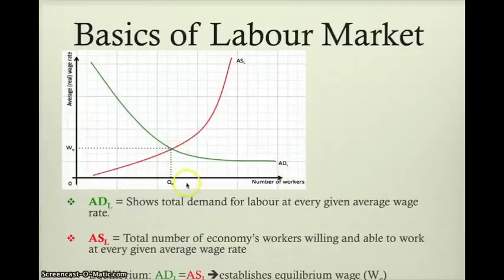This is also what settles the quantity of workers employed at any given time. The aggregate demand for labor is defined as the total demand for labor at every given average wage rate. And the aggregate supply of labor is defined as the total number of the economy's workers willing and able to work at every given average wage rate.